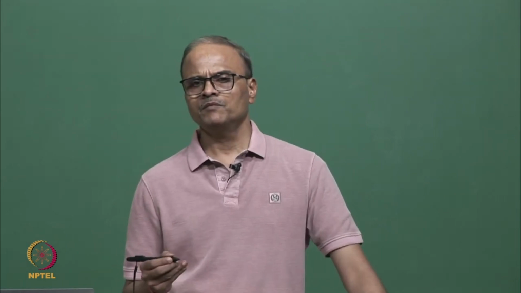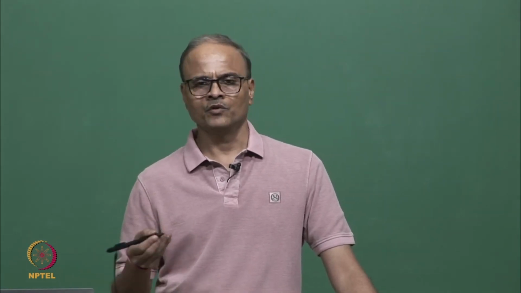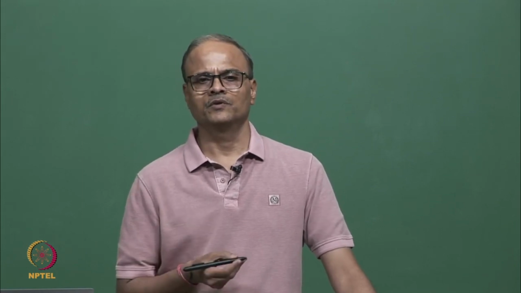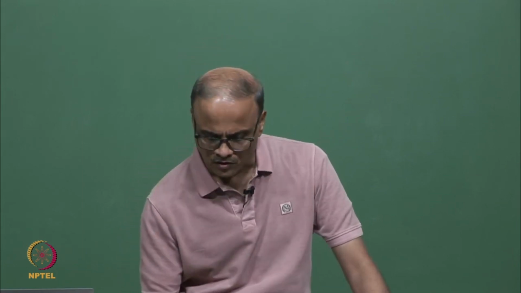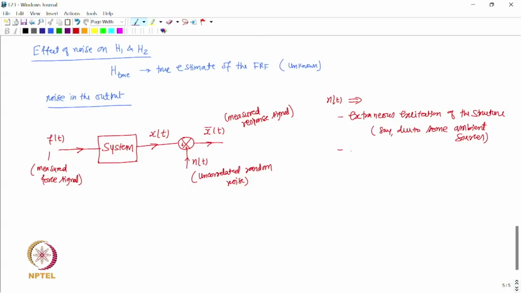In addition, there may be some random measurement noise due to instrumentation, due to electrical circuitry and so on, right. Therefore, we can say that we have signal x bar t, which is the measured response signal, equal to x of t plus n of t.